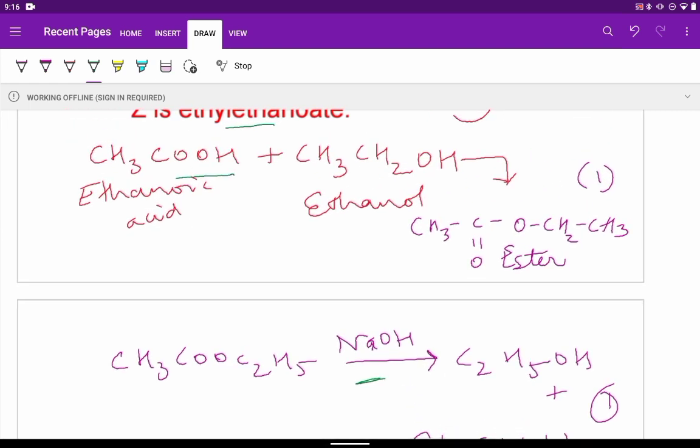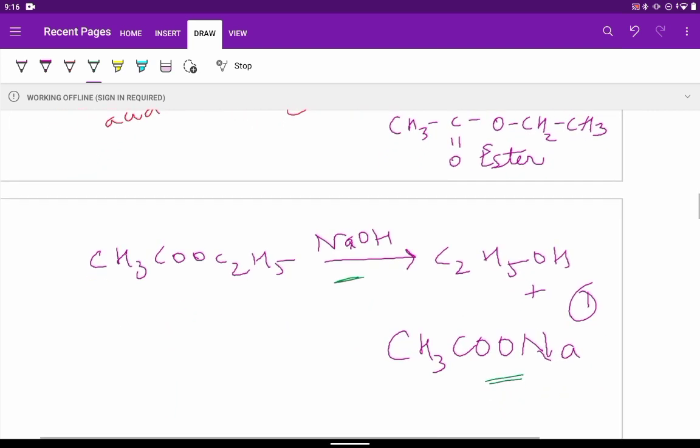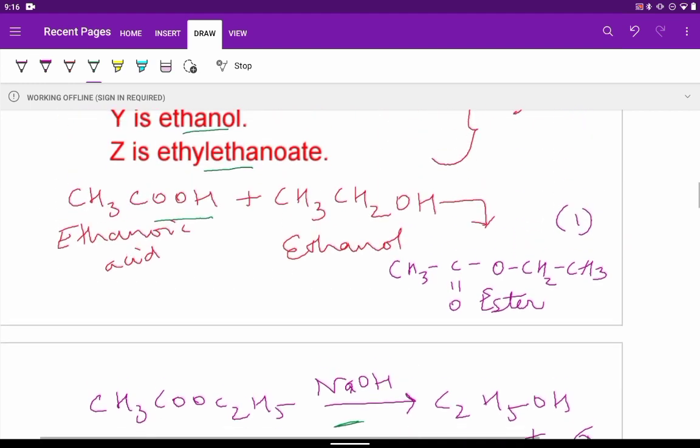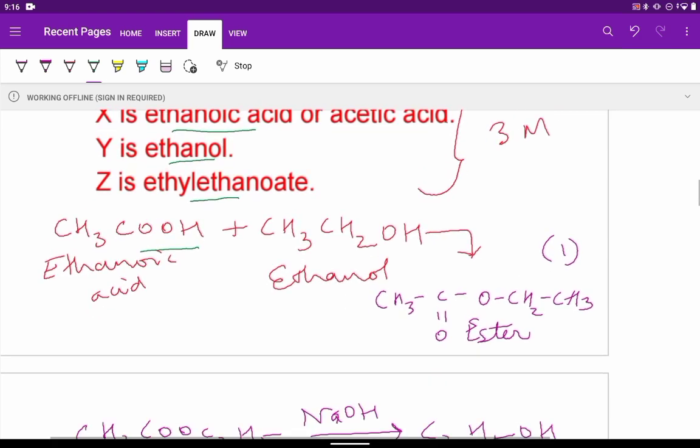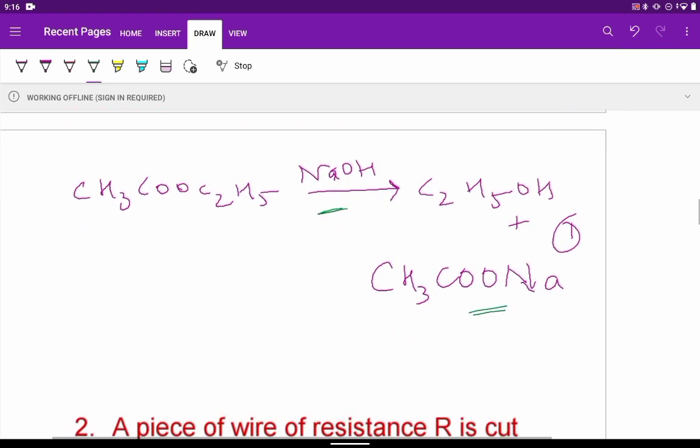So what will be the sodium salt of that acid? CH3COONa. So here you see we get back CH3COONa. So this equation will help you to score 1 more mark. So here you get 3 marks, plus 1 is 4, plus 1 is 5. So this is how the marks are distributed, and this is how answering should be done for the board exam.